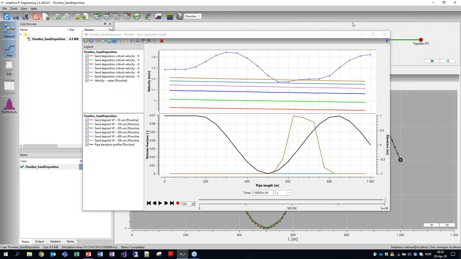Some good feedback on the sand demonstration and some questions around how does wax work? Does it work in the same way? I know it's a bit different than that, but can you draw any similarities or explain maybe how wax deposition is working? Yeah, it's very different because wax deposition is a thermodynamic process.